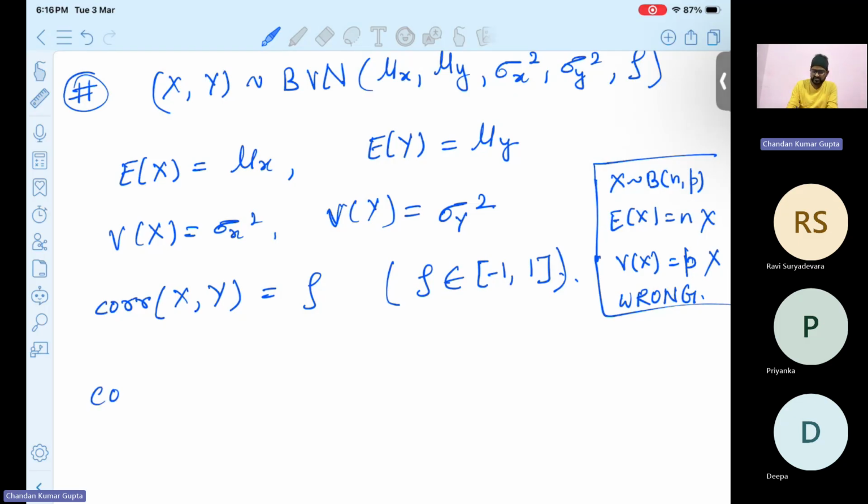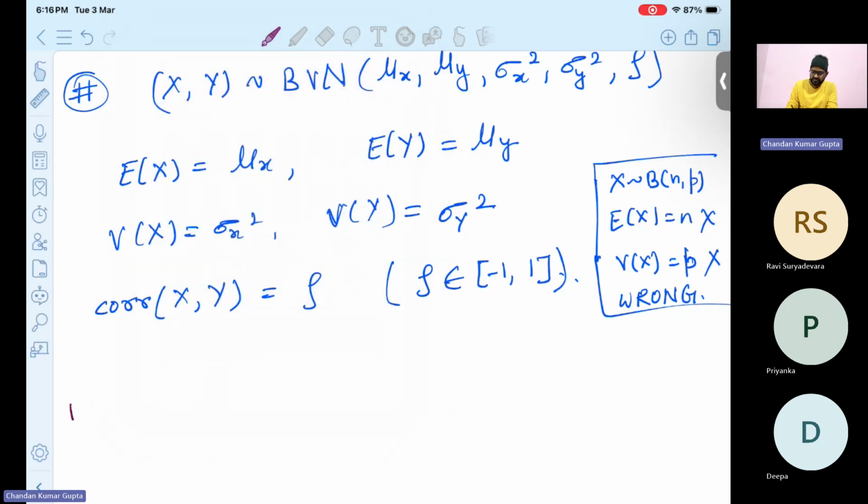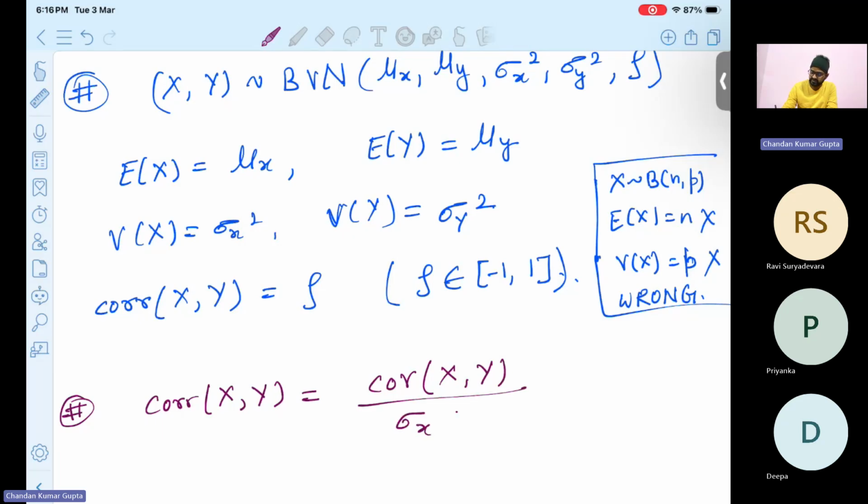Also we know that the formula for the correlation coefficient is the covariance between the random variables x and y divided by sigma x, sigma y, that is, the standard deviations of the x and y random variables.